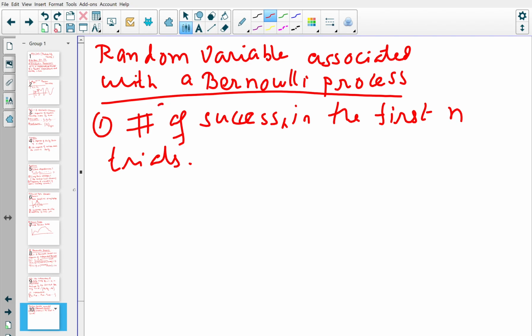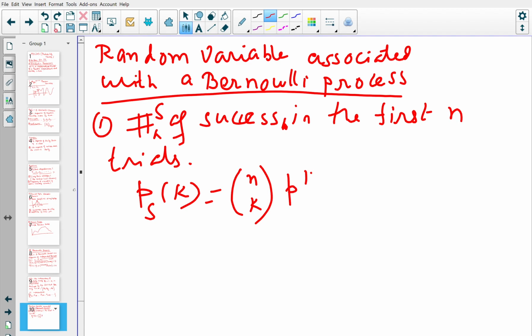So we can say that this has a probability mass function. If the number of successes is k, then you choose k places out of n, n choose k ways, and then probability of success to the power k and 1 minus p to the power n minus k, right? This is the probability of failure, and then your k can be either 0, 1, up to n.